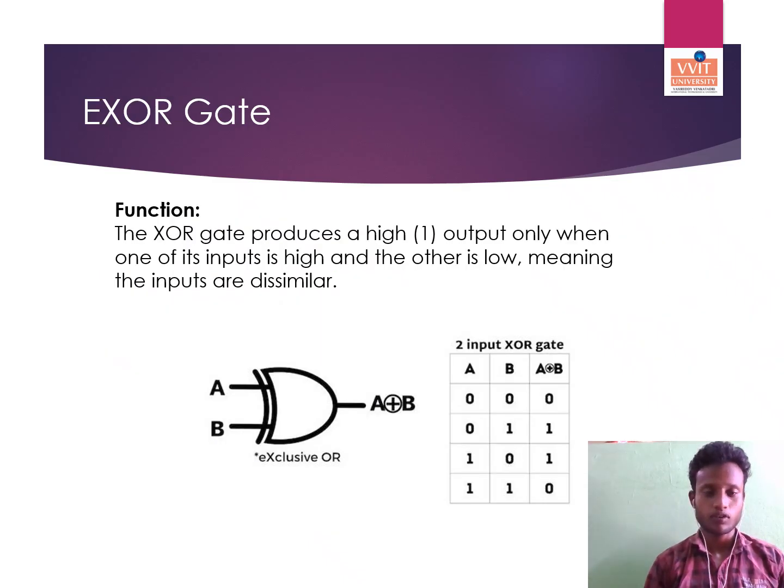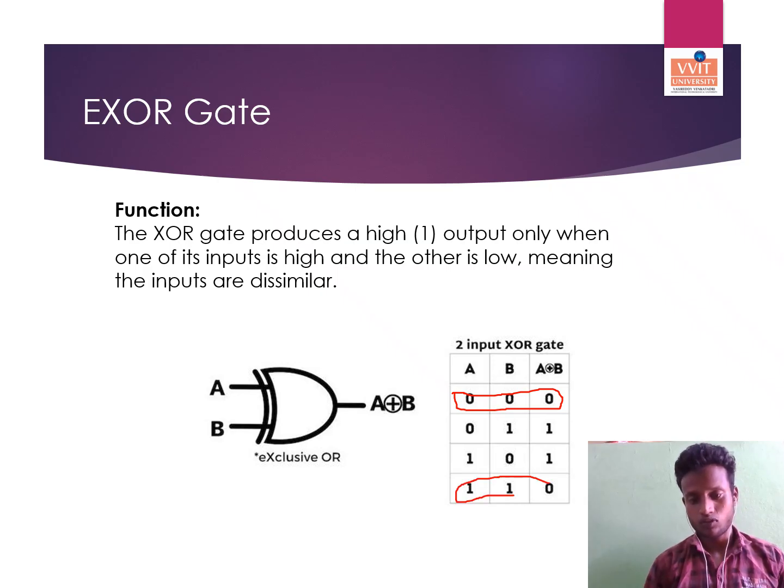Now, moving on from the basic logic gates, we have the XOR gate. In the XOR gate, if two inputs are the same, the output is 0. That means for inputs 0 0, the output is 0.